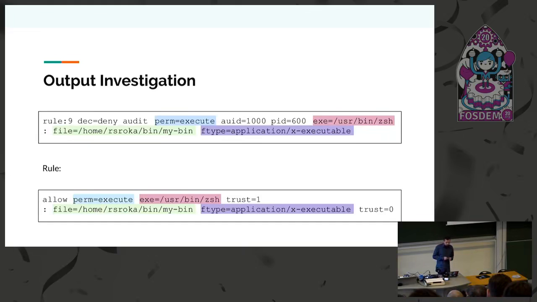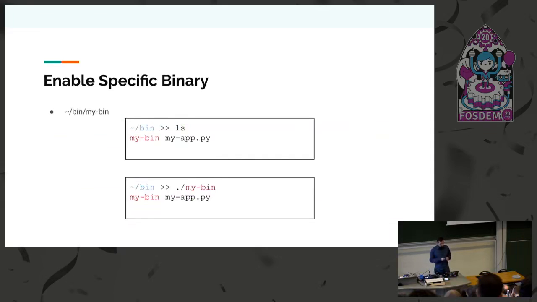And there is my binary, which is in the path, and it has this file type, and we know that it is not trusted, but this is optional. It doesn't have to be there. So if we put this rule at the beginning of the rule file, then we can try to run our binary again, and we can see that it works.